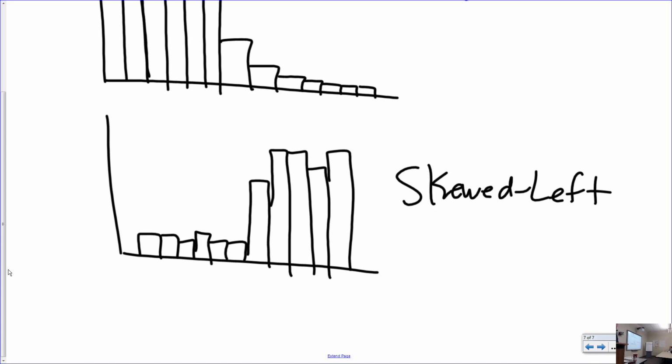Again, it's deceptive because we tend to think what's important is tall bars, but really here it's the small bars that are skewing us. So what is doing the skewing? Well, it's the small things, therefore that's the direction you're skewed. Alright?